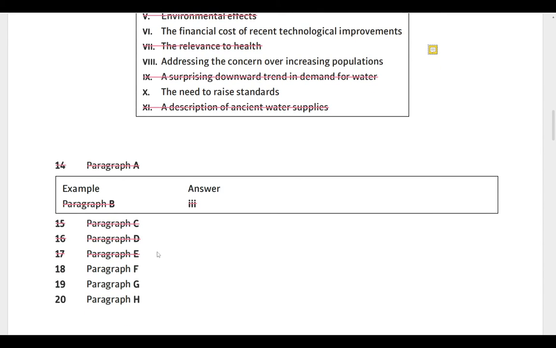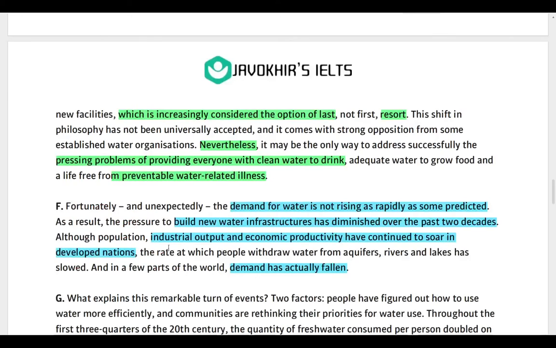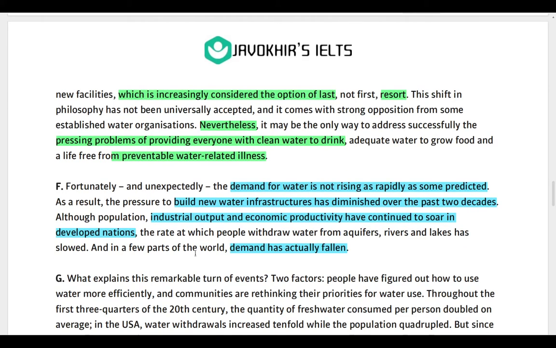So E would come first, and F is a different option, so we're going to remove it beforehand, because it is actually the reason behind the downward trend.